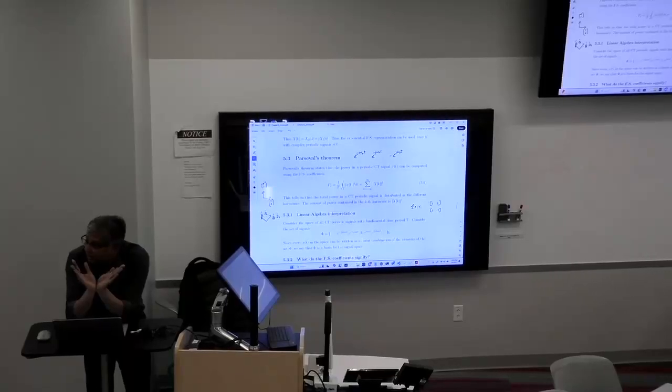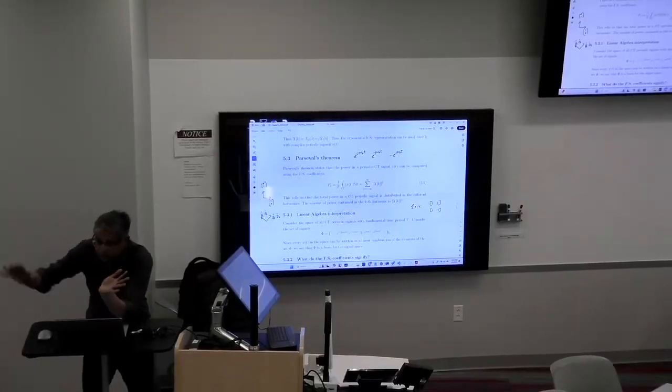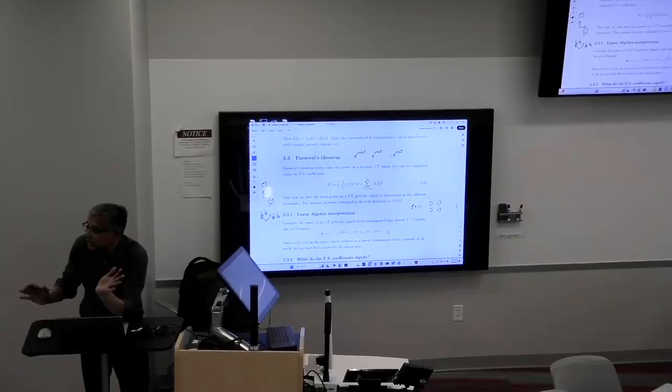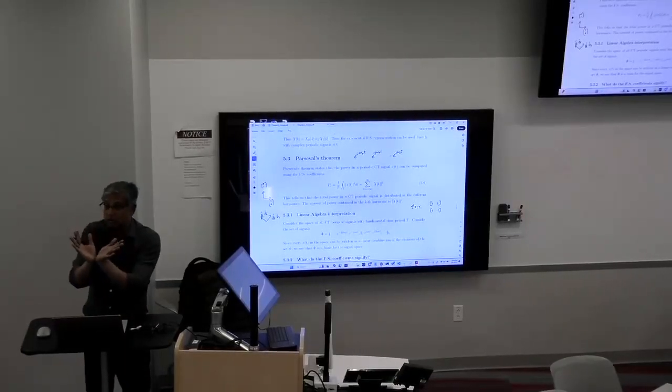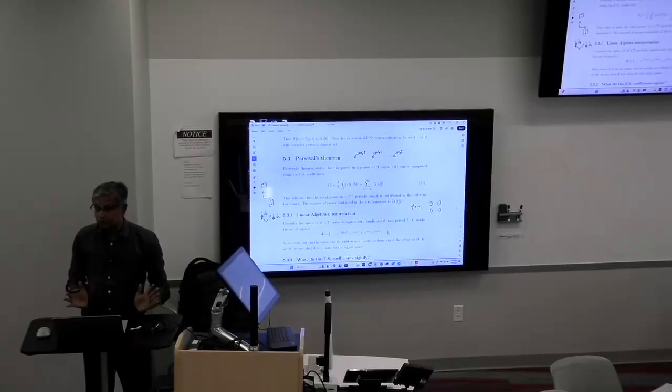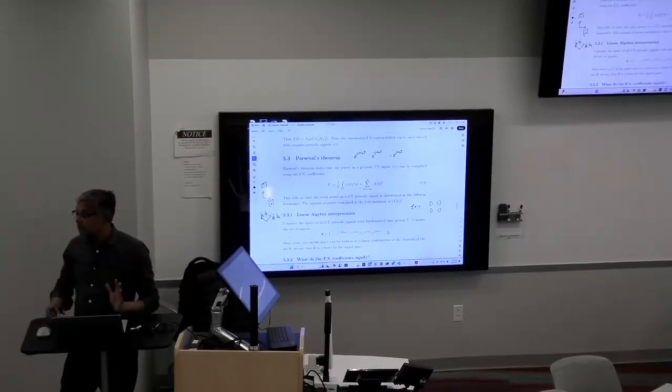Any vector in 2 dimensions, I can write it as a linear combination of these two vectors. Do you agree? So now we found 2 different bases for exactly the same space. The space is the space of all 2-dimensional vectors, and I found 2 different bases, both of them having orthogonal vectors. You agree? So this is exactly what is happening with signals and Fourier series.